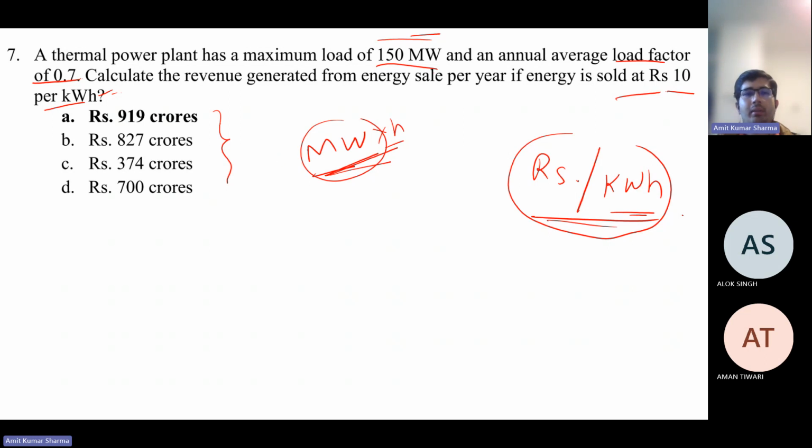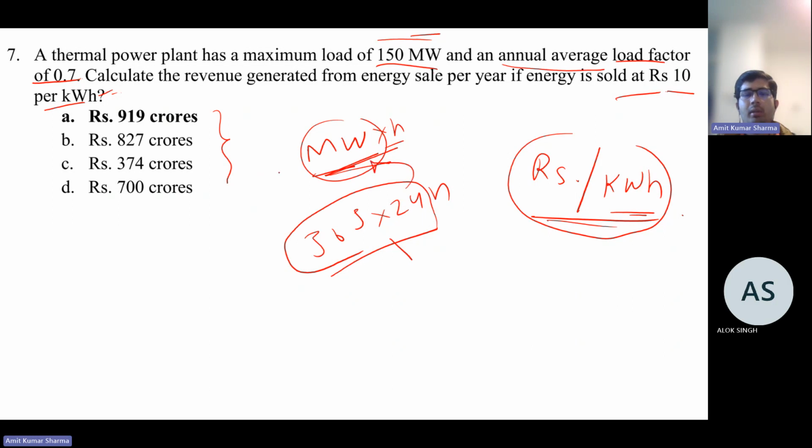So you are given that your power plant has a maximum load of 150 megawatt and annual average. So in a year there are 365 days and 24 hours. So this will be the total number of hours in a year. You can multiply this with this megawatt, so you will get the complete energy. That will be in megawatt hour.